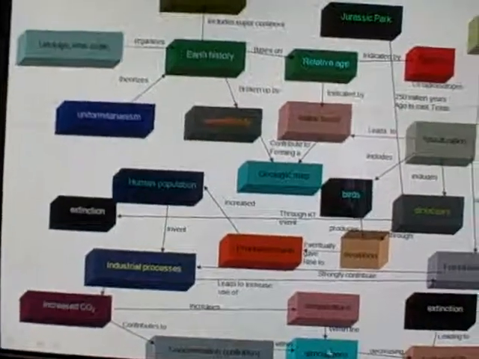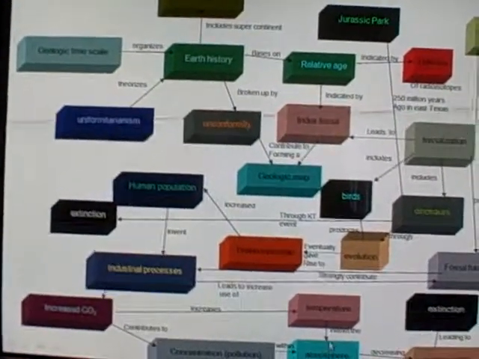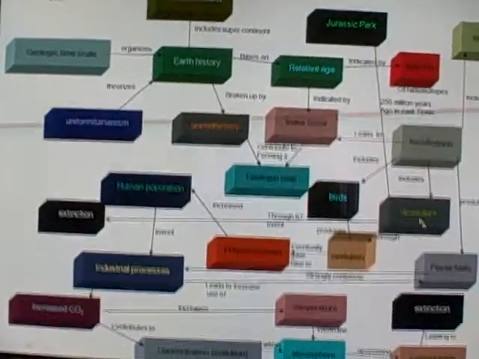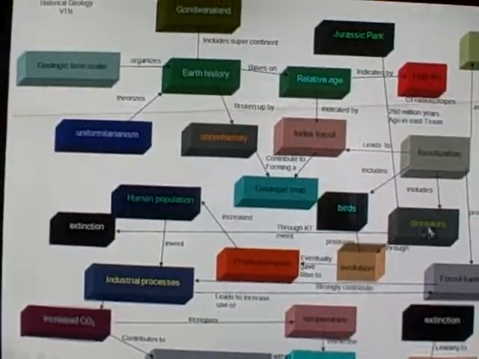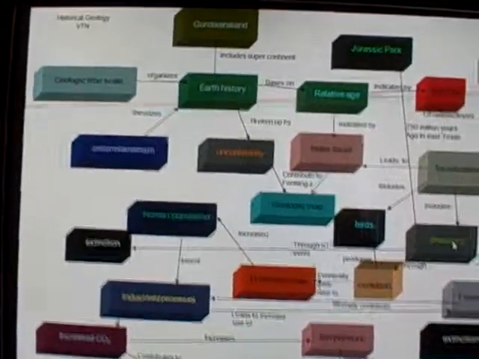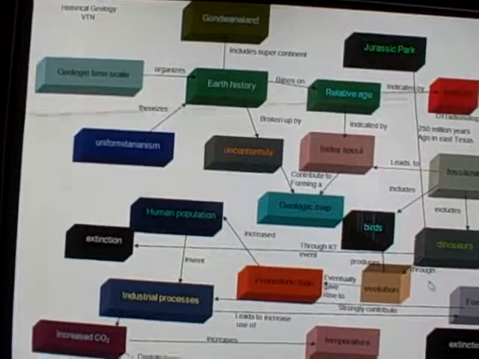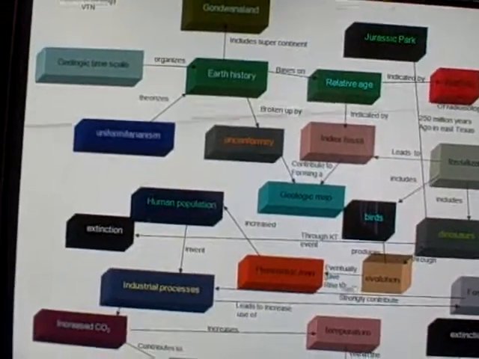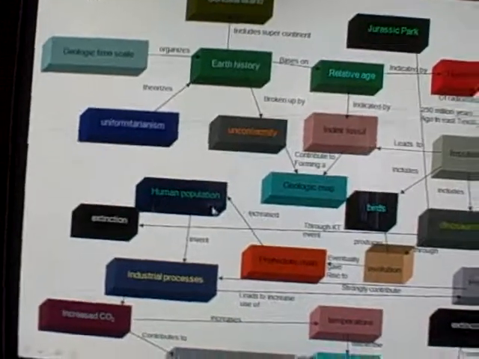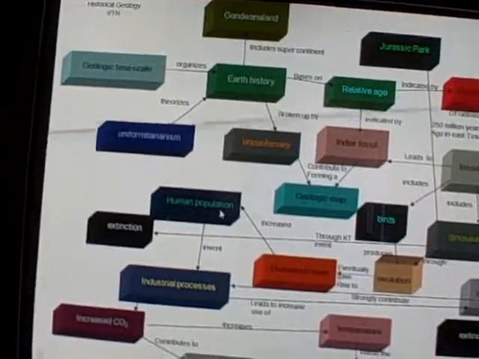Atmosphere, light blue, because you think about the sky. Dinosaurs, gray, because traditionally when growing up, they're more colorful now, but they were all gray at one time. Dinosaurs through evolution eventually gave rise to prehistoric man, which increased the human population.